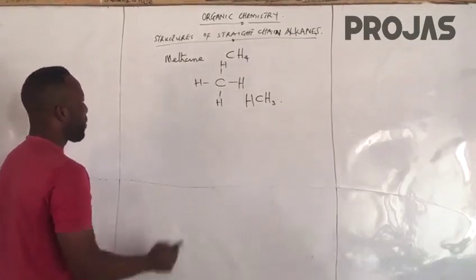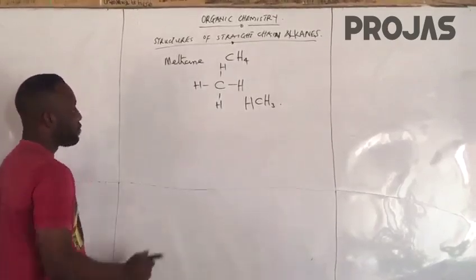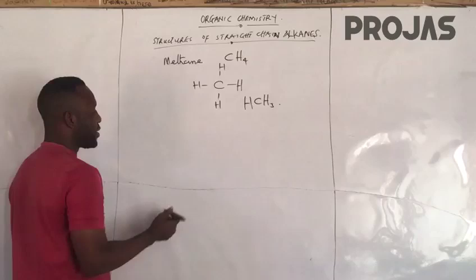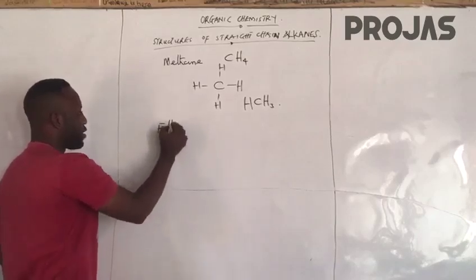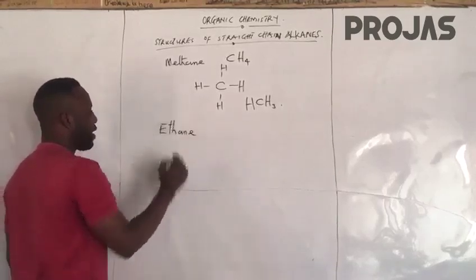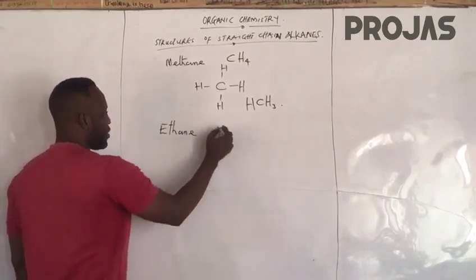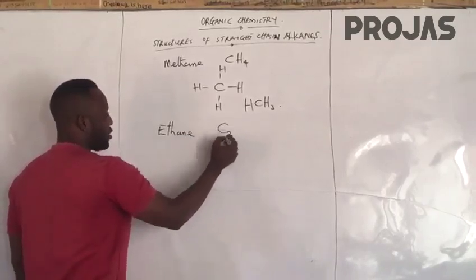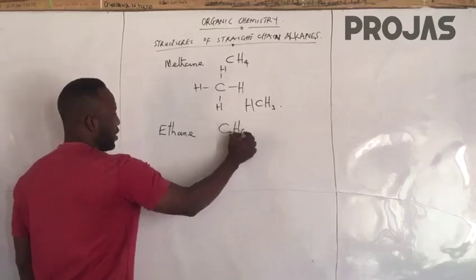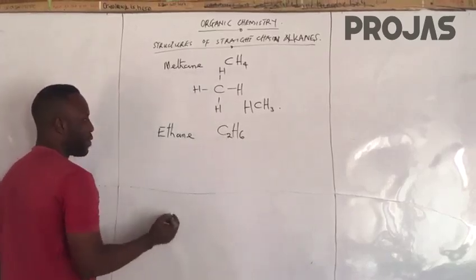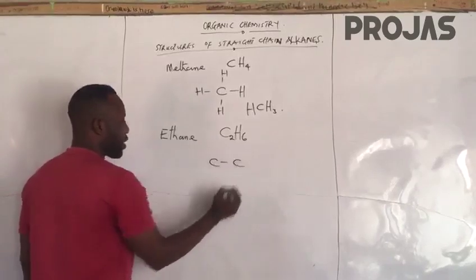The next member of alkane series is ethane, like we have done in our previous class, which has the molecular formula C2H6. So this is 2 carbon. You write the 2 carbon first.